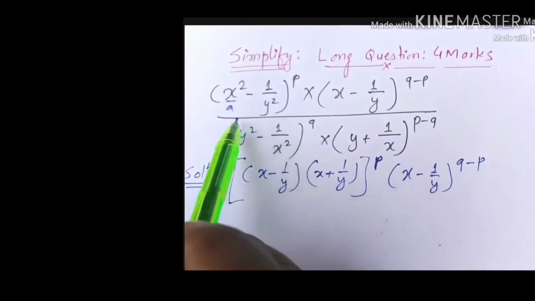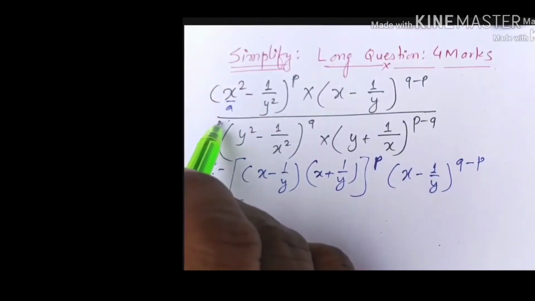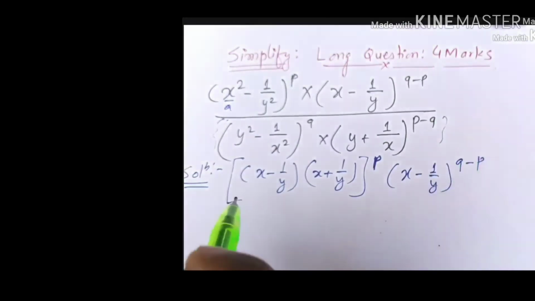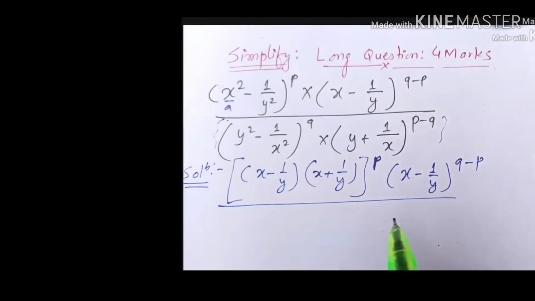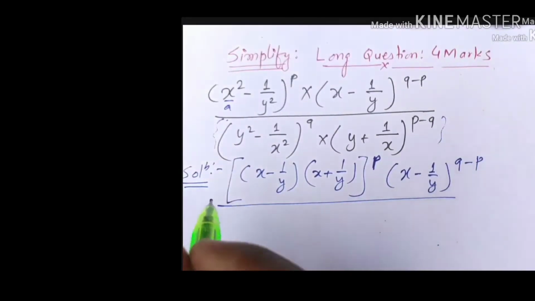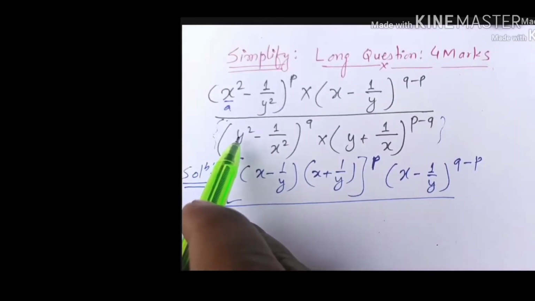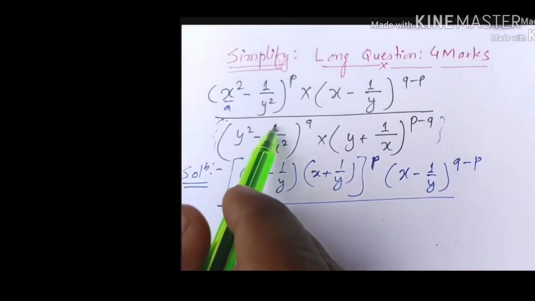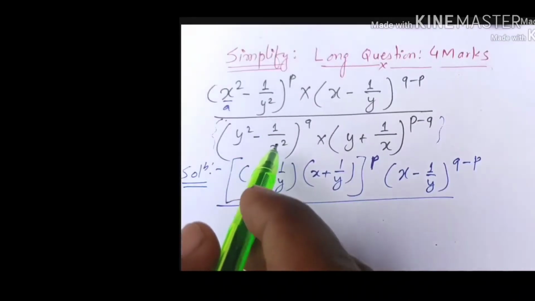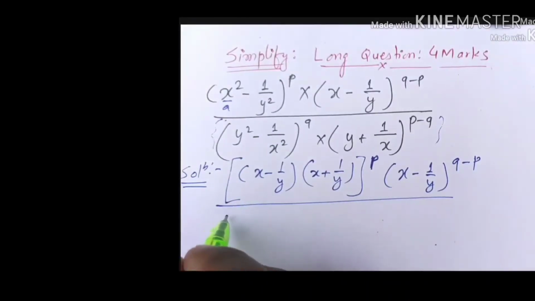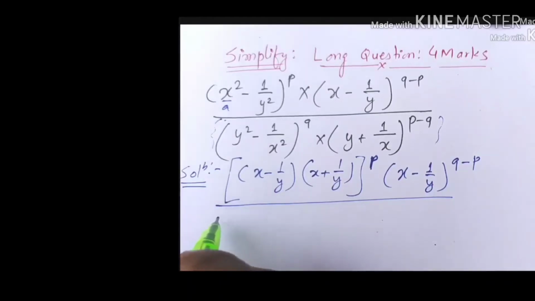Now in the denominator, this last term, you can see a similar process you have to apply here. Here is y², in place of y suppose here is a, then 1/x suppose it is b. So you can write in the formula a² − b².